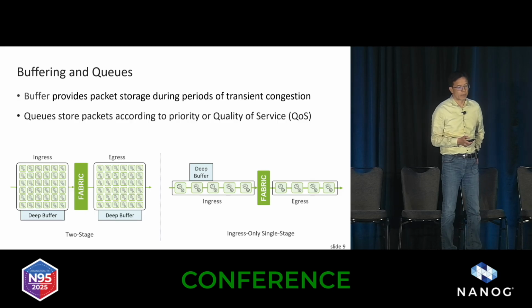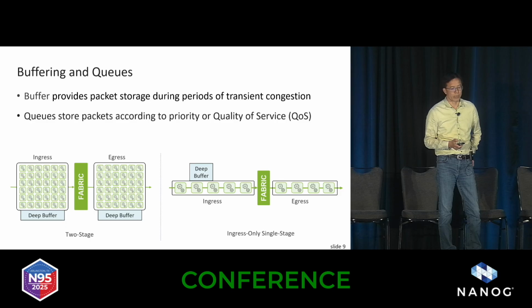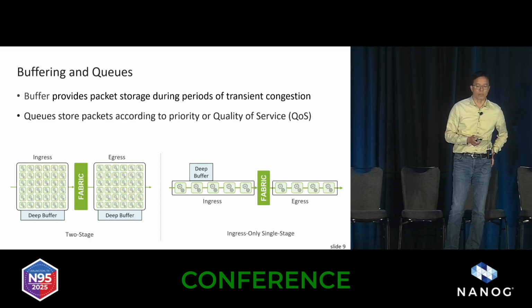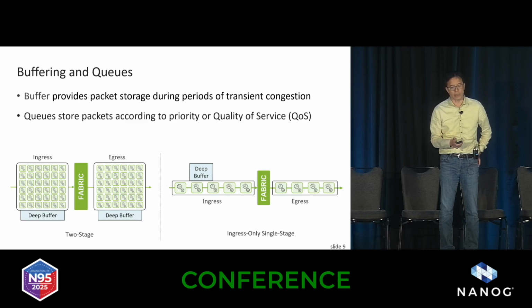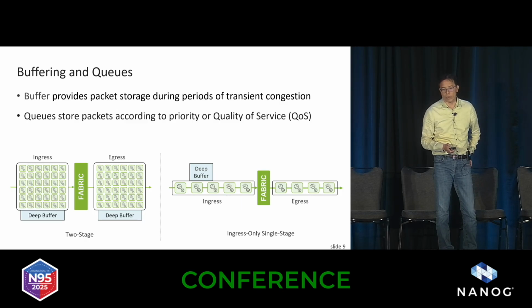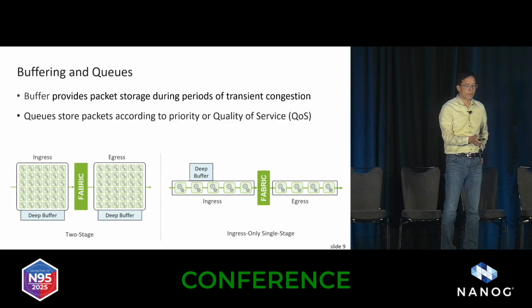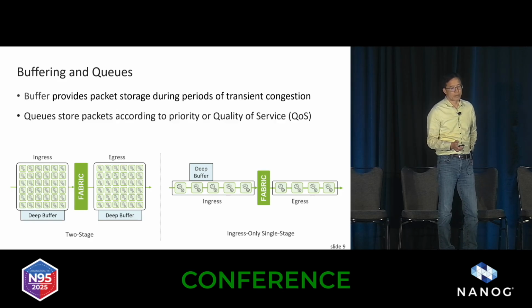Basically, the packet will be stored on the ingress and stored again on the egress. And another buffering structure, on the right-hand side of the diagram, is where we only store the packet on the ingress. And the buffer here I draw is pretty much the deep buffering I'm referring to.